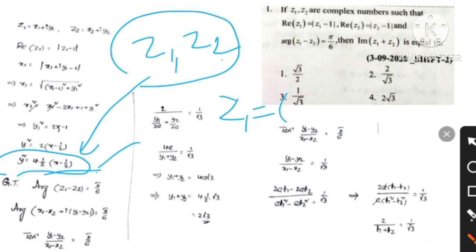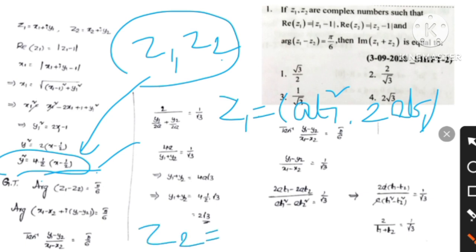Z1, Z2 are the two complex numbers and the locus of these points is a parabola. Already here you get the parabola equation by simplification. So for that reason we take the 2 points Z1, Z2 as (at1 squared, 2at1) and (at2 squared, 2at2).